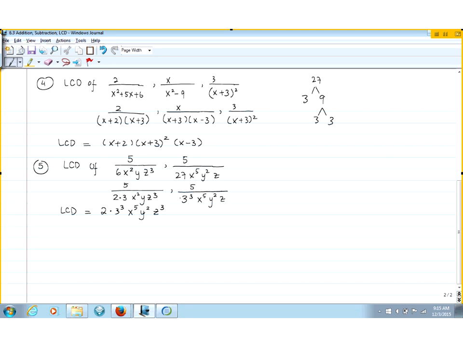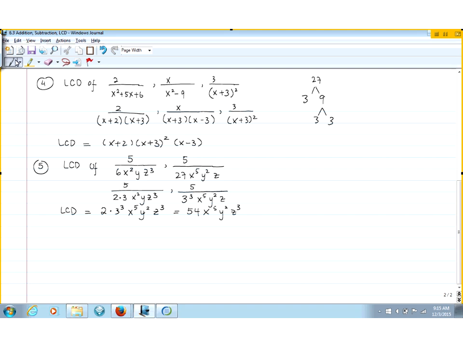And how about z? z cubed. Yes. So 2 times 3 cubed, that is 54. So the LCD is 54 x to the fifth, y squared, z cubed. All right? Okay, good. So that's the LCD.